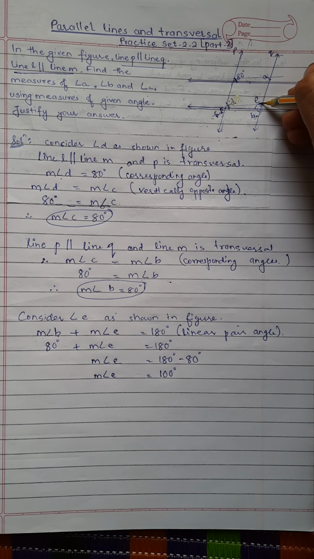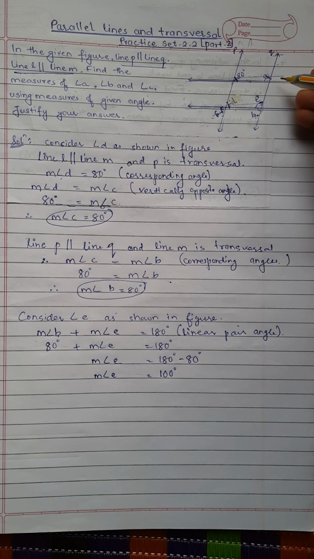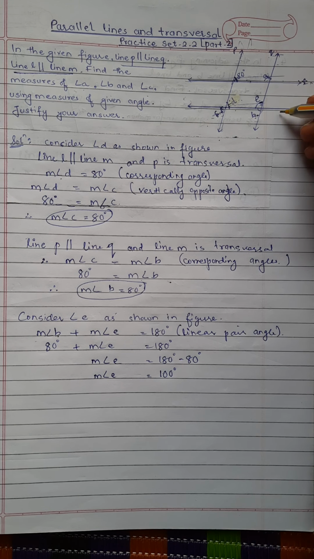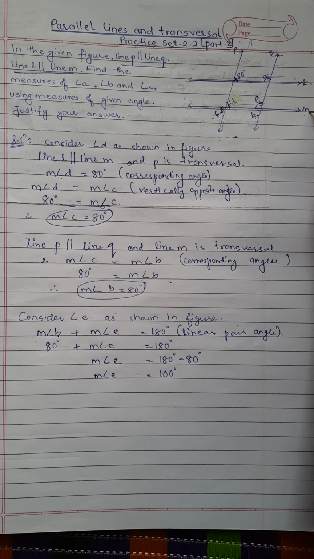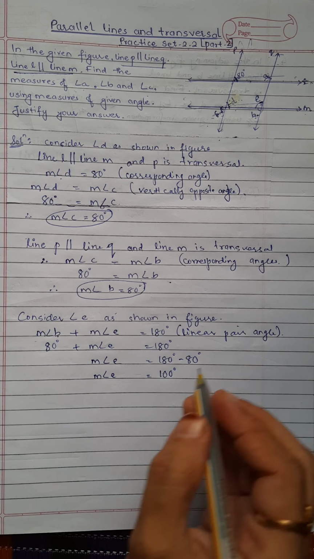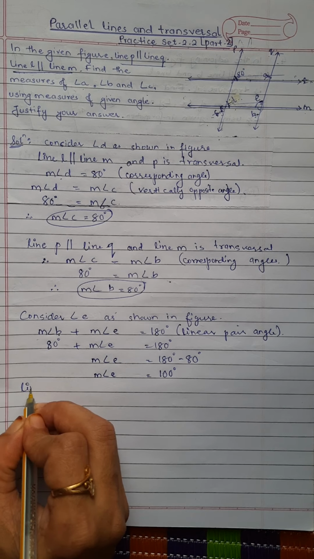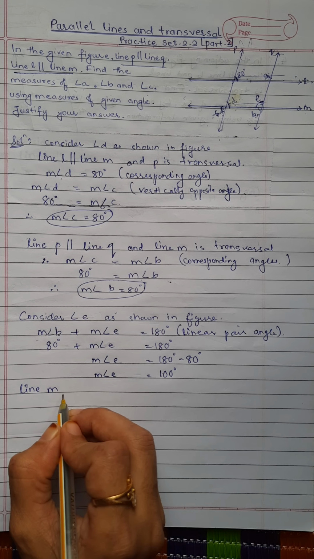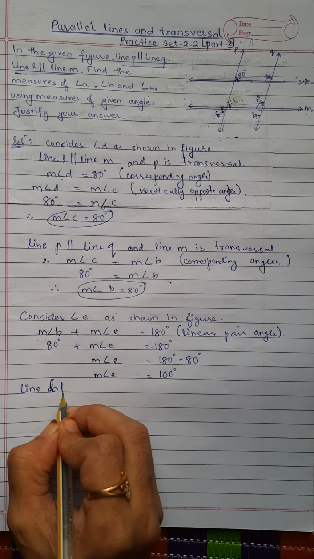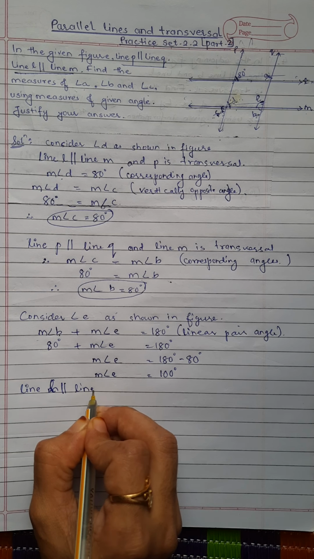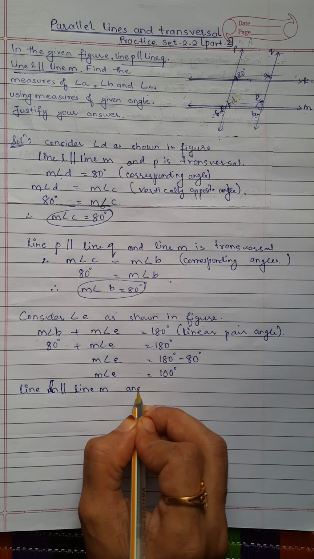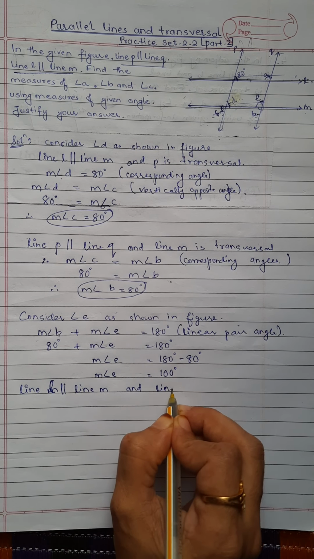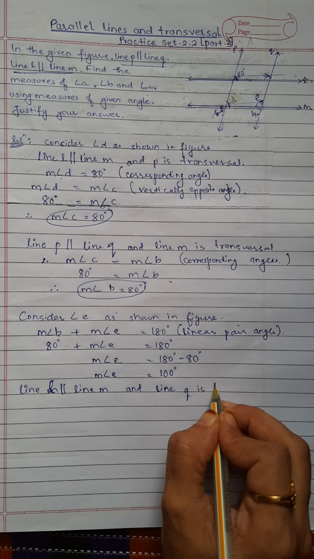You can see E forms a corresponding pair with angle A. So which two lines are parallel? These two lines, line L is parallel to line M and Q is the transversal. Write the same: line L is parallel to line M and line Q is the transversal.